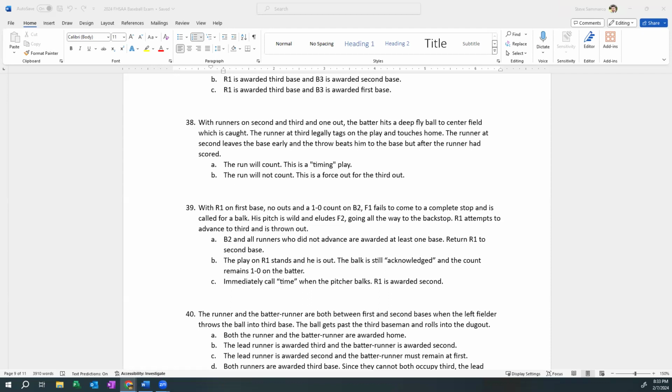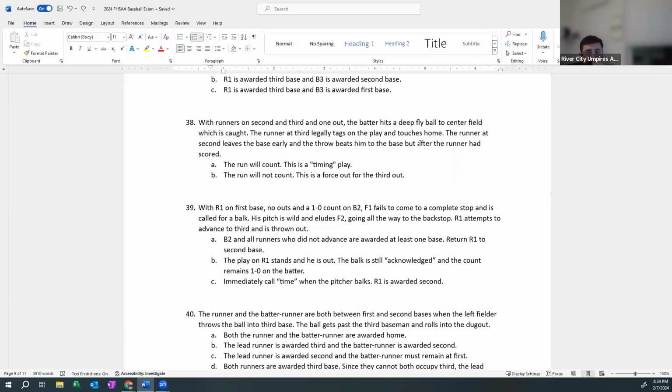I guess so. My question is, it says he left the base early. Right. So is the throw from center field coming back to second, or is it going to third? Because if it's going back to second to get the out before he comes back to tag, wouldn't that be a force?